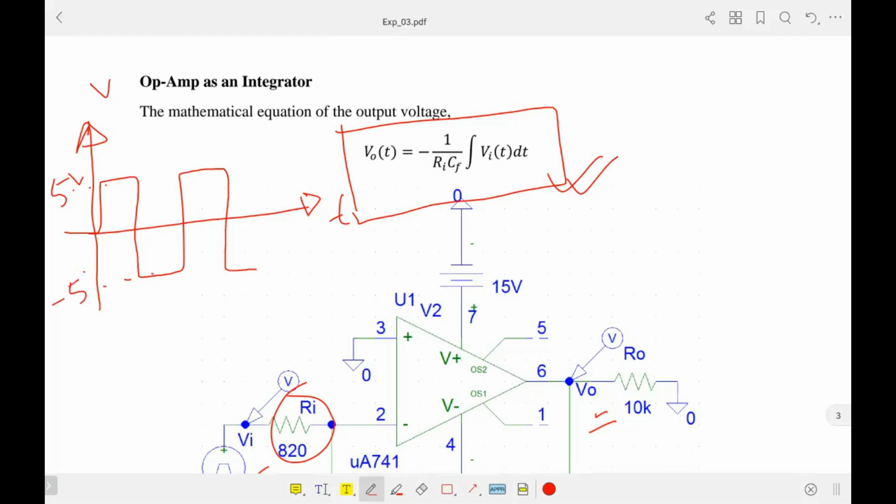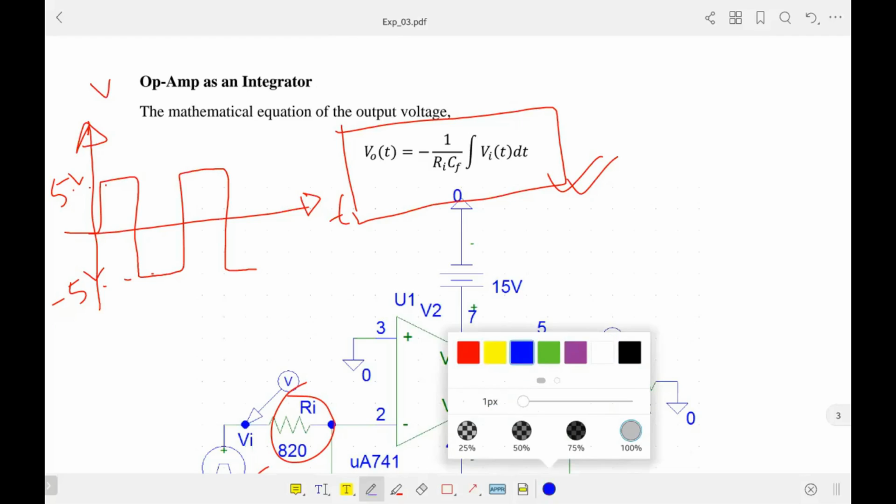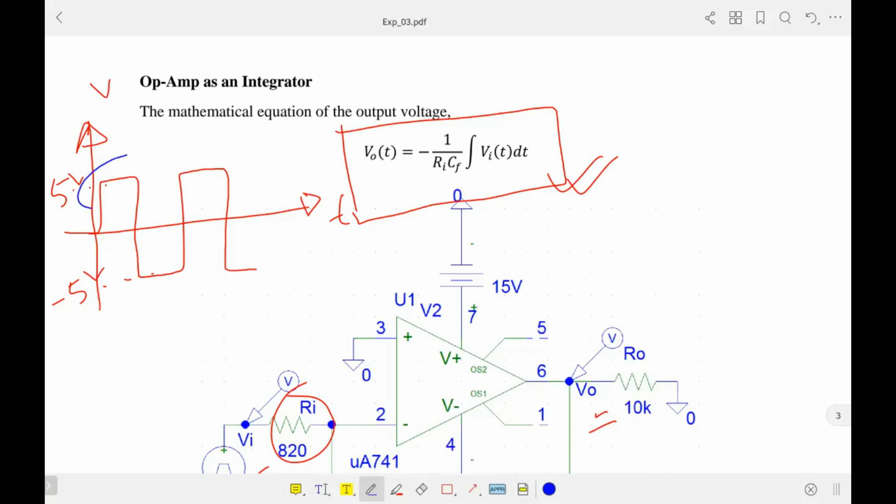If I write a mathematical equation for this portion, the expression will be V equal to 5, right? Because it is parallel to the T axis.